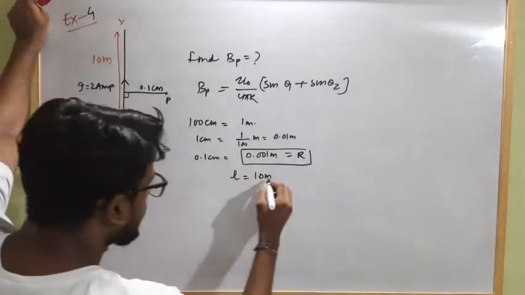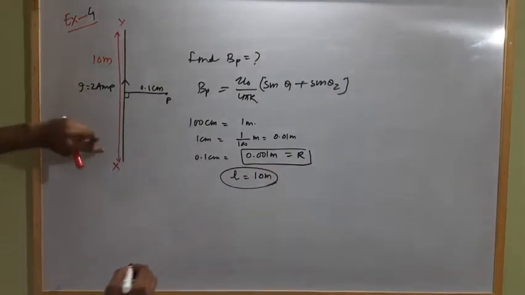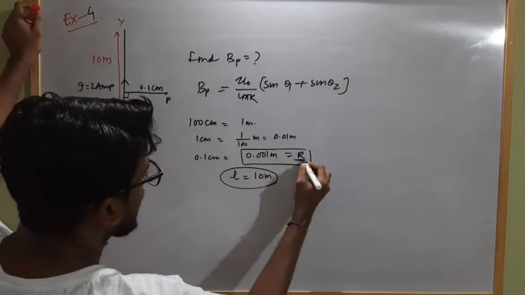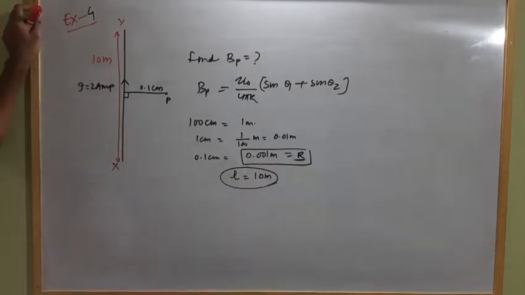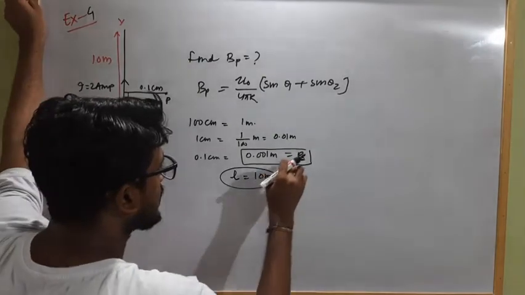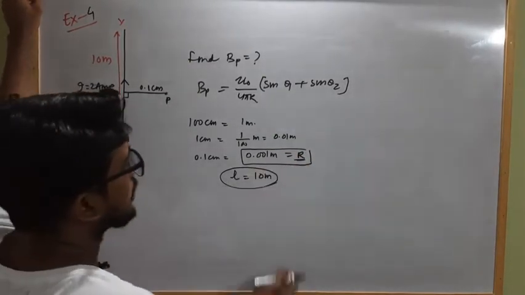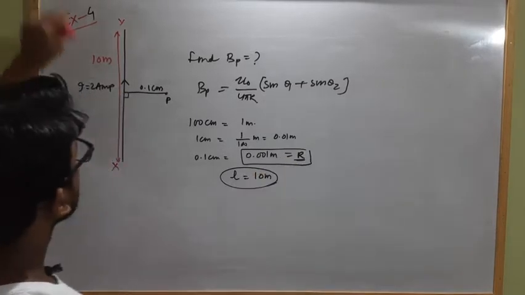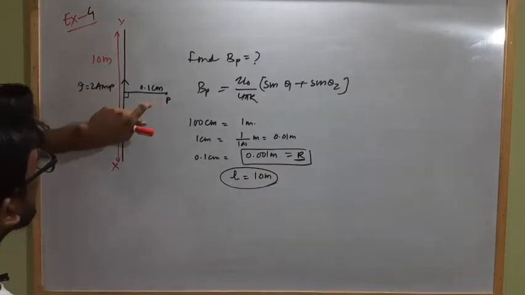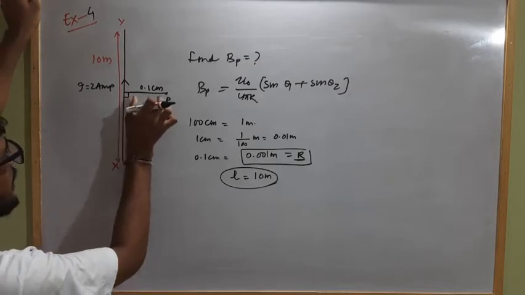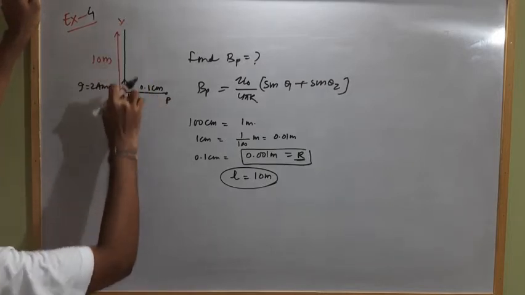So in comparison to the length of the current carrying conductor, the distance r is very negligible. Clear? Nearly about 10,000 part of this. So this distance of the point of observation is very negligible in comparison to this length.